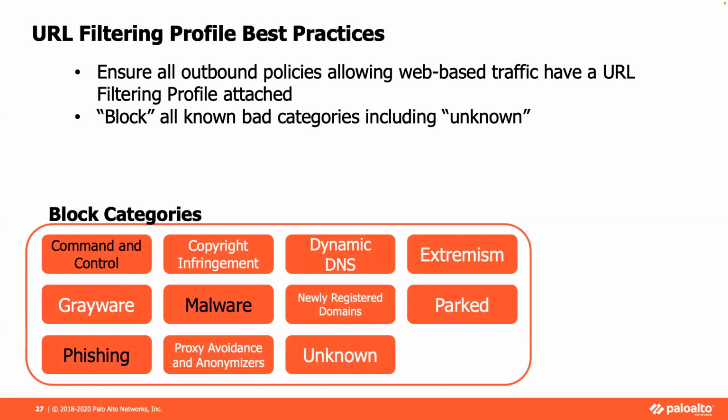The black lettering ones are the ones that we block by default with our default profile. The ones with the white color are ones we say you should block, but we don't block them by default. If you're looking for guidance on how to configure this, configure it on outbound rules with an outbound URL filtering profile, blocking all these different categories of sites.